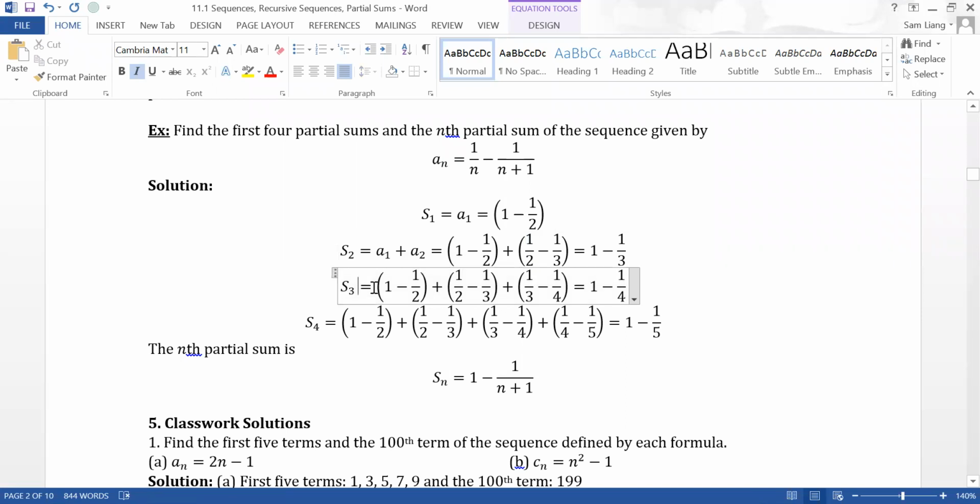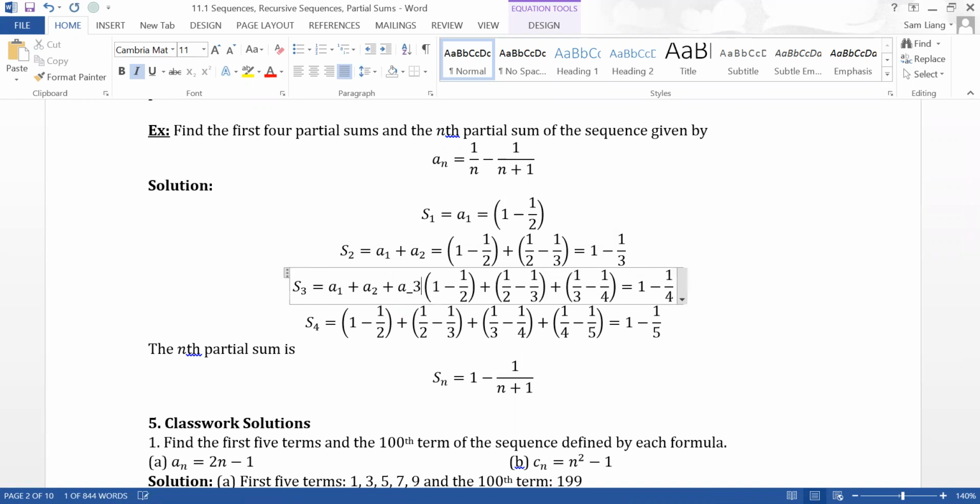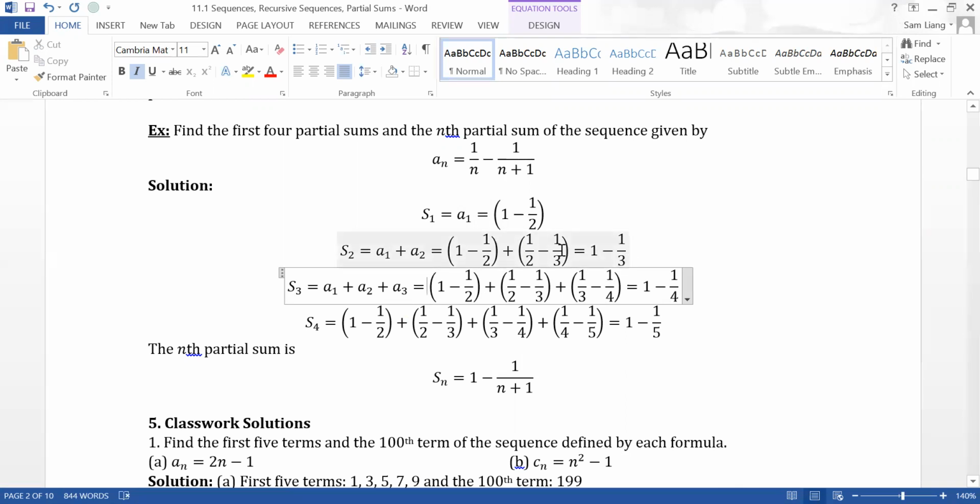The third partial sum is A sub 1 plus A sub 2 plus A sub 3, and that is going to be 1 minus 1/2 plus 1/2 minus 1/3 plus 1/3 minus 1/4.